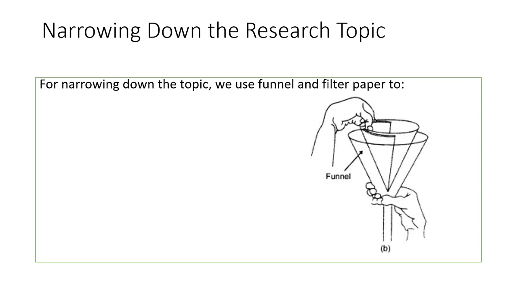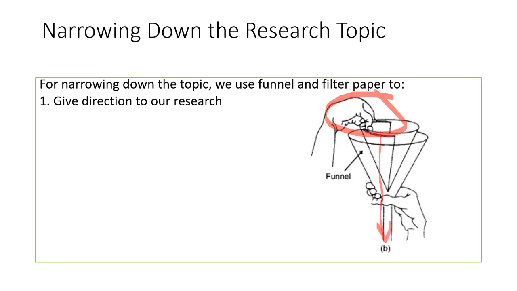Let's apply the same concept to narrowing down the topic. When we use a funnel or filter in our research topic, it gives us direction, because we have a broader topic and after filtration we have given it direction.